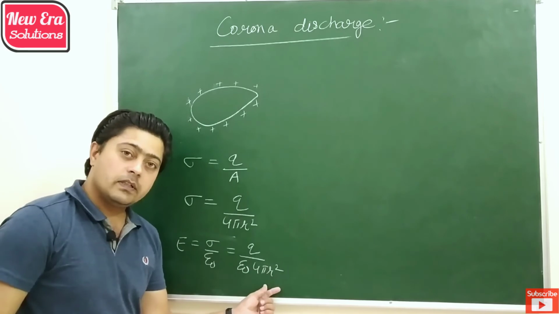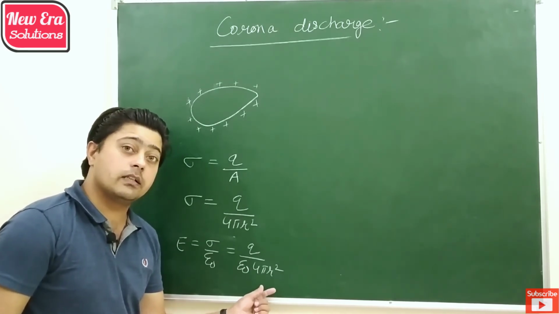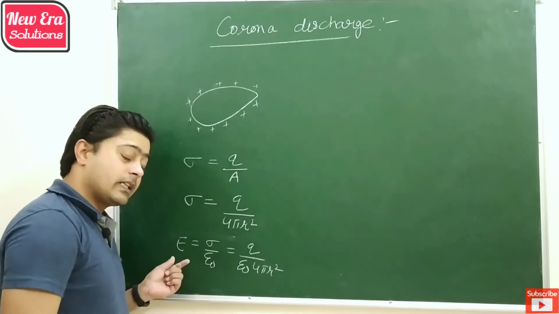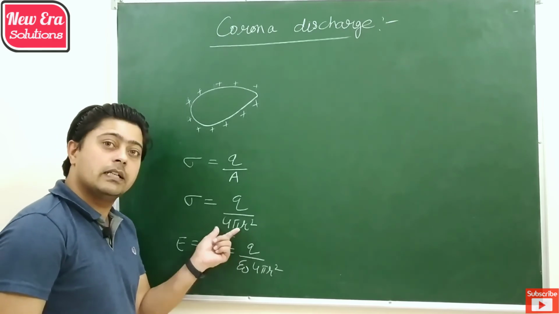If the radius of that portion of the conductor is small, then the electric field of the conductor is high due to high charge density.